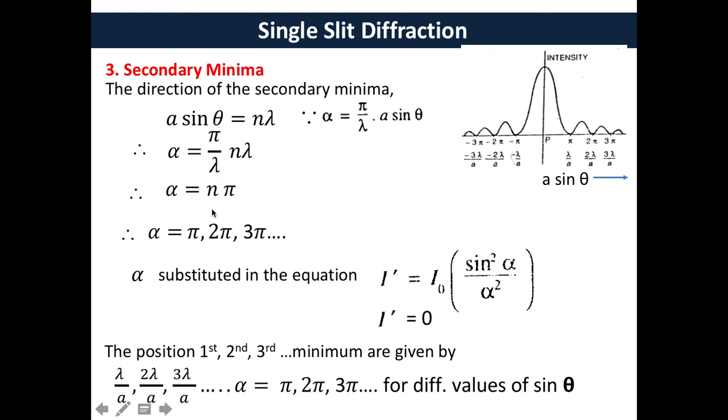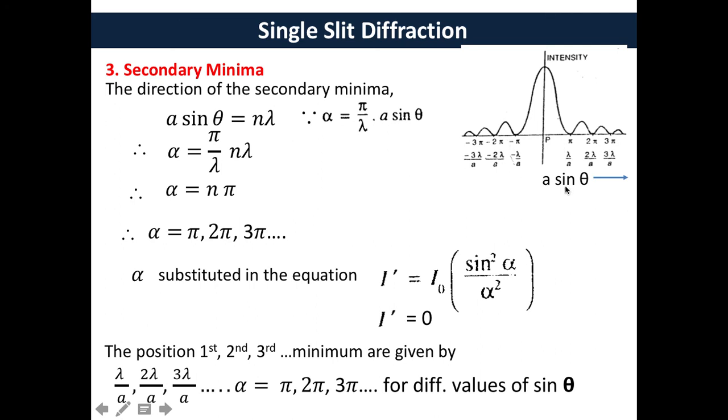Alpha is equal to n pi. So alpha is equal to pi, 2 pi, 3 pi, 4 pi, 5 pi, 6 pi, and so on. Substituting alpha in the equation for I prime, alpha equal to pi, 3 pi gives intensity 0. So at these positions the intensity is 0.